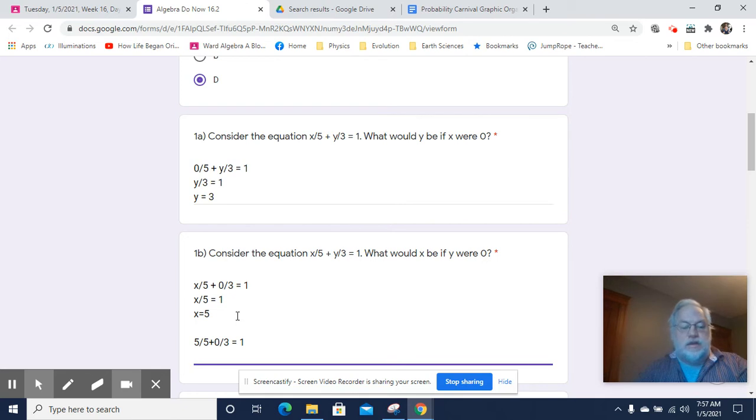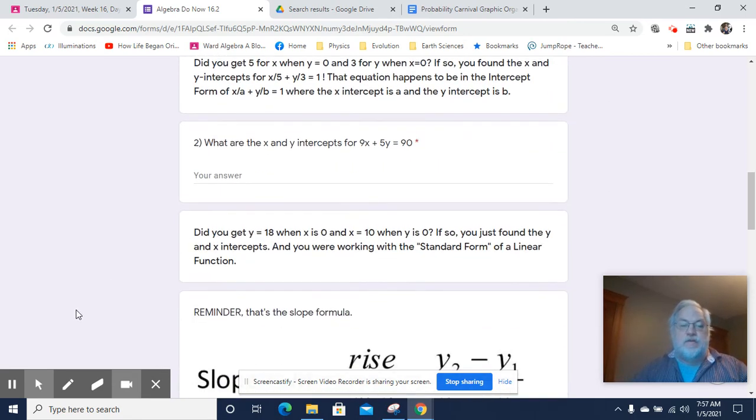And if we were on the y-axis at the y-intercept, we'd have 0 over 5, because x would be 0, and y would be 3, and that would equal 1 as well. So it turns out that wherever you are on this line, whatever x and y point you have that is on this line, x over the x-intercept plus y over the y-intercept will always equal 1, which is kind of neat. So I'm going to just leave that there for now.